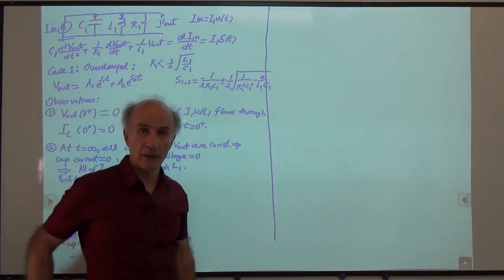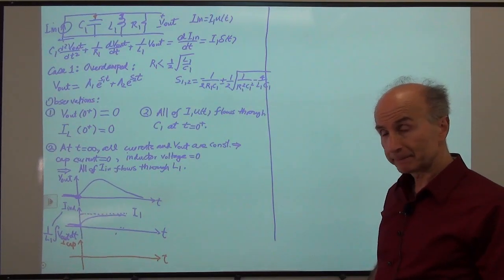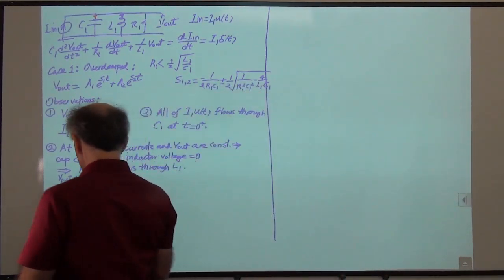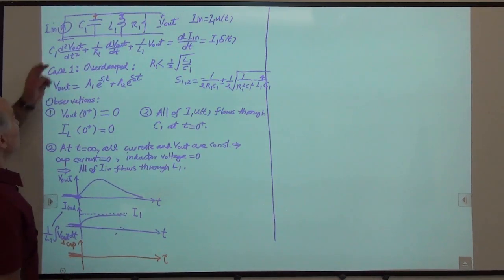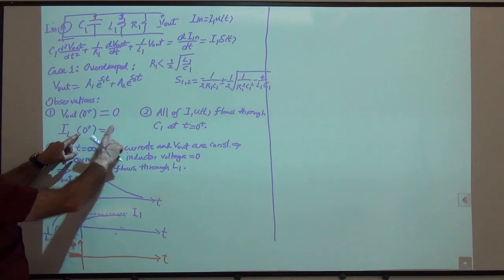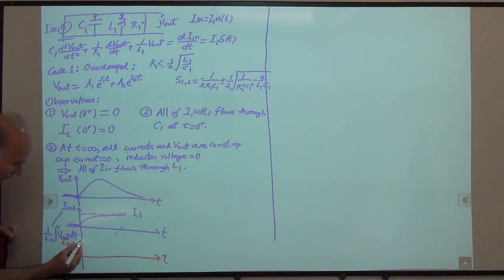Okay, so what do you think about the behavior of I cap? Well, we know that right after time 0, at time 0 plus, the capacitor carries all of this current. It acts as a short circuit. So we decided that all of this current has to flow through C1. Okay, so the current is up here.